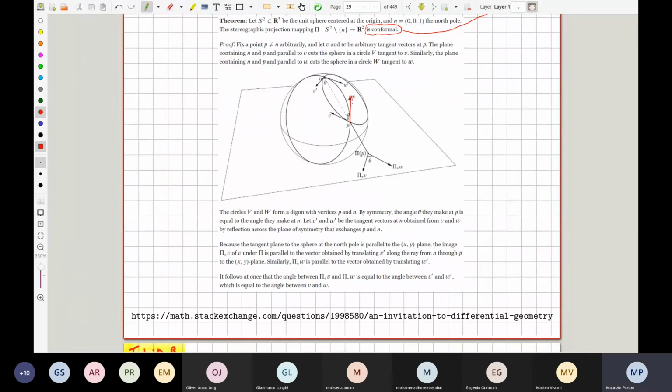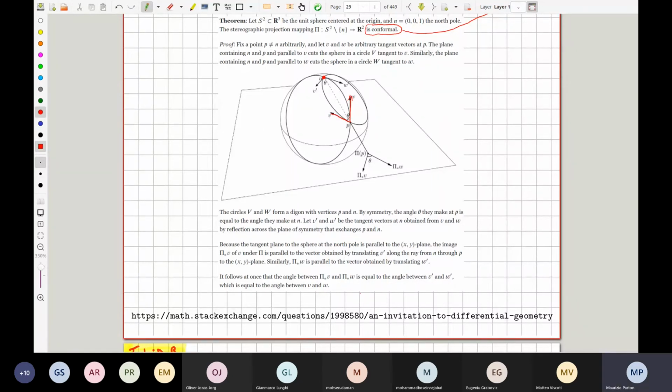Okay, and you have another tangent vector, and on the sphere, these two vectors are giving you angles. How are these angles given? You have the North Pole, this point, which is the point you use for the projection.